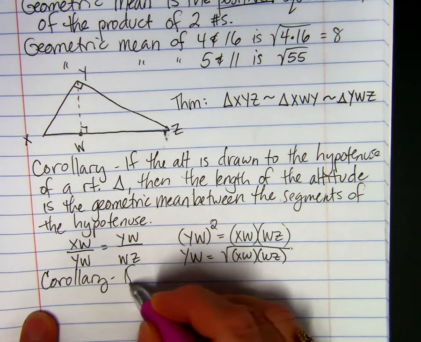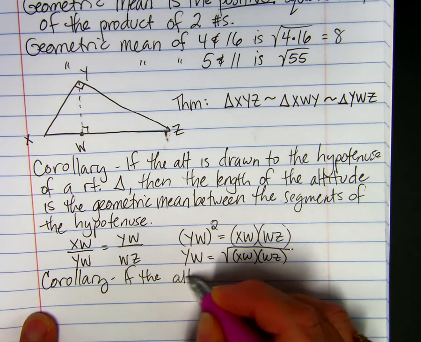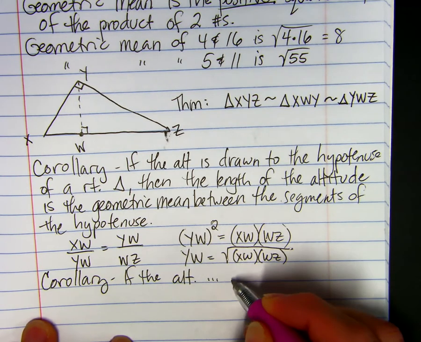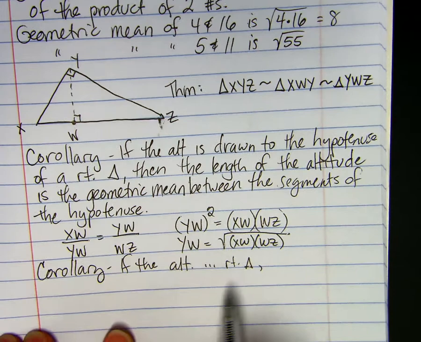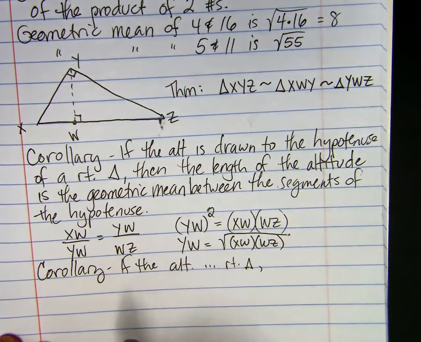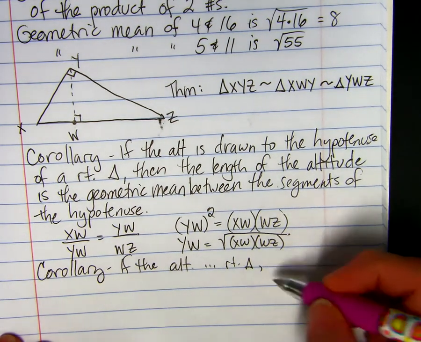So if the altitude, and then I do dot, dot, dot, right triangle, can I do that? So it's the same thing that we've written here.